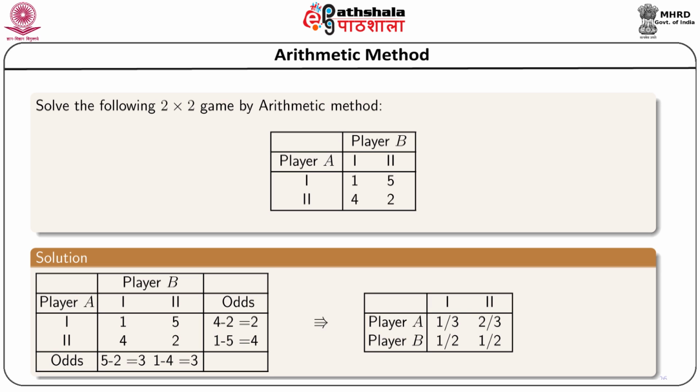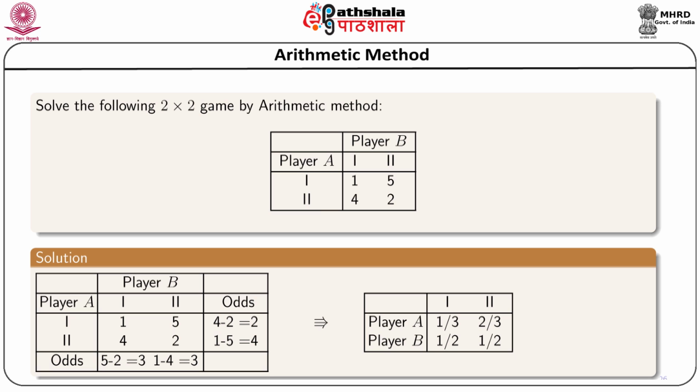Similarly, for the difference 4 minus 2, we put the result corresponding to row 1, and then similarly we take differences of the columns. 5 minus 2 equal to 3, we put it in the first column, and then 1 minus 4, which is again 3, we put in the second column.